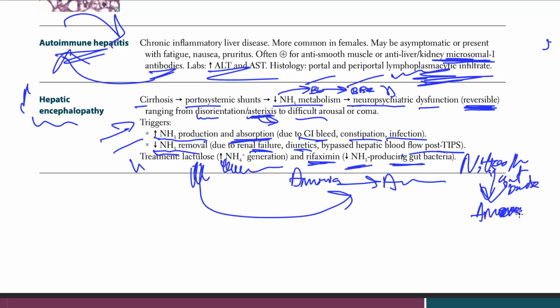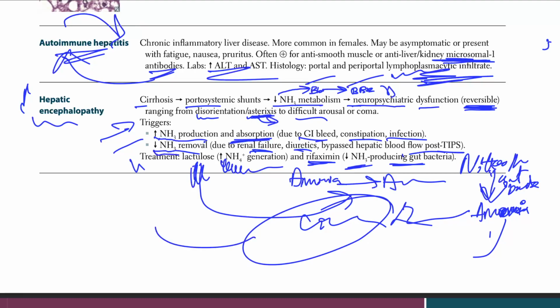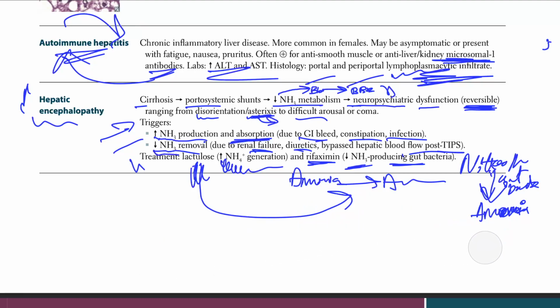So now you have ammonia in the gut. And normally, that ammonia just goes out, or even if it gets reabsorbed, the liver is functional and it's going to work it out and then send it out. But the problem here is we have nitrogen products in the gut, and the gut bacteria form the ammonia.